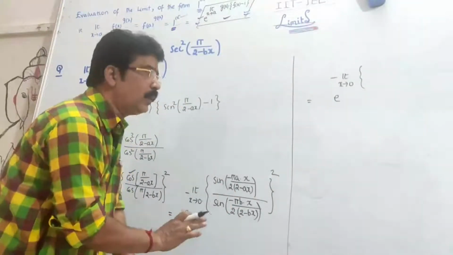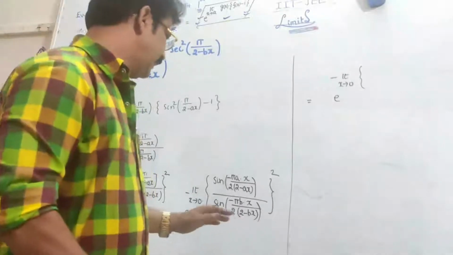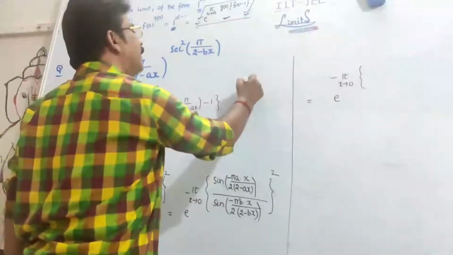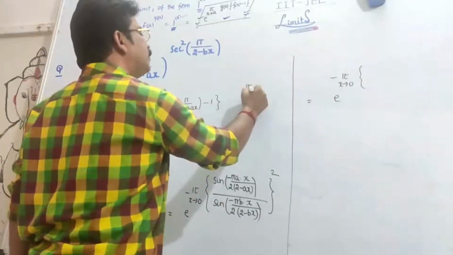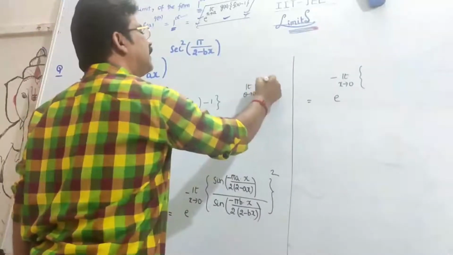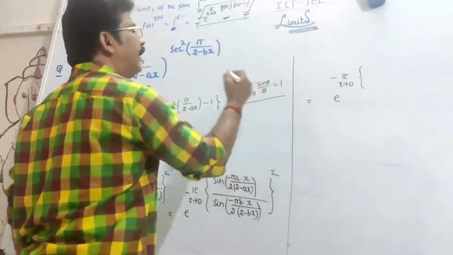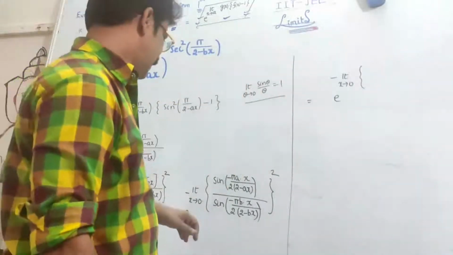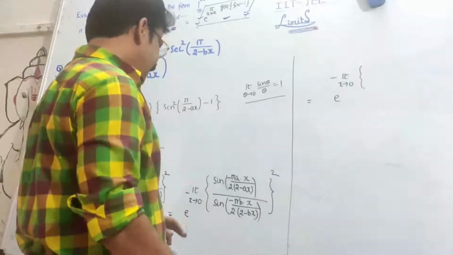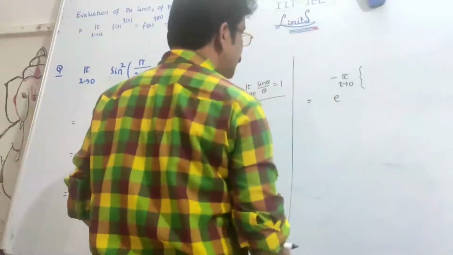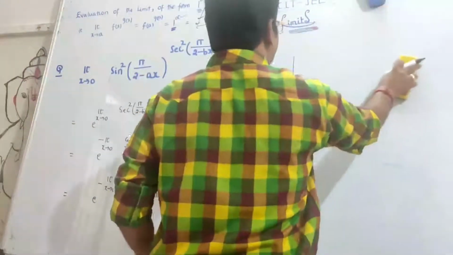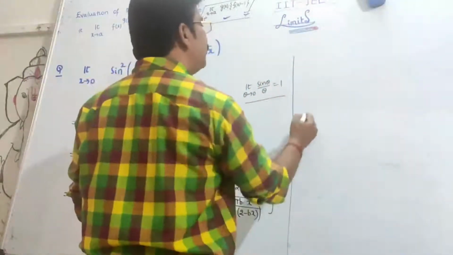Understand? Here listen, the basic formula: limit theta tends to 0 of sine theta divided by theta equals 1. Here I am using this formula.